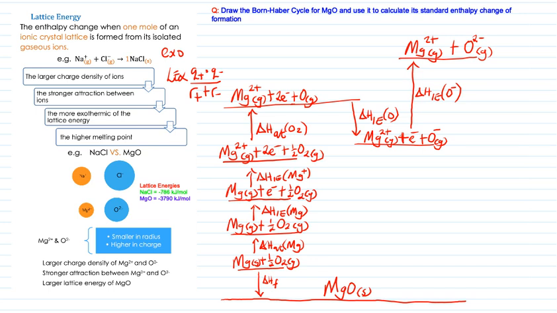Then we are now going downwards, and this change from ions in gaseous state to an ionic crystal is the enthalpy change of lattice energy.